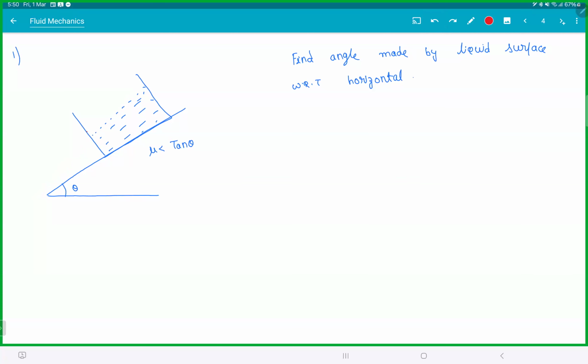Yeah, Anika, that's not right. Cos inverse.